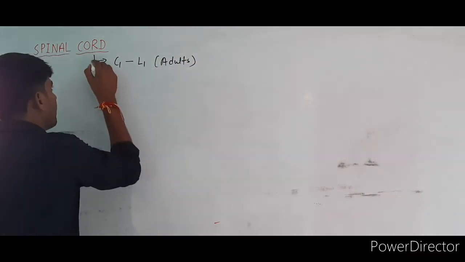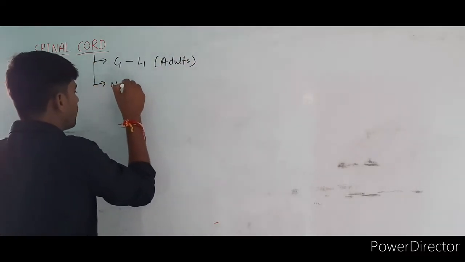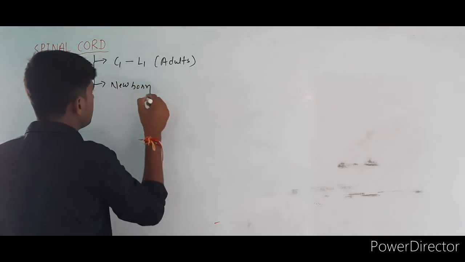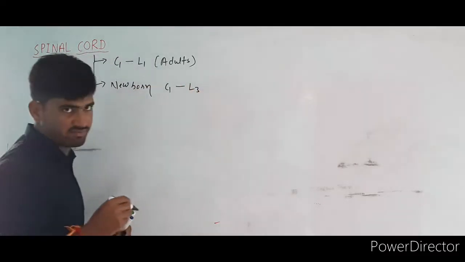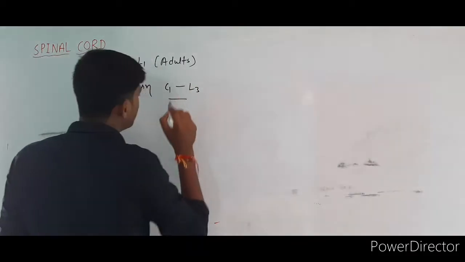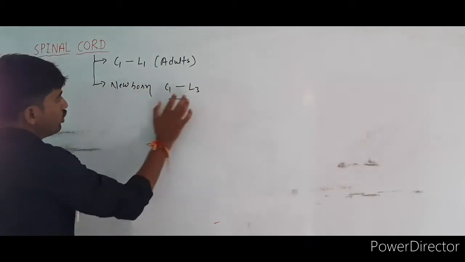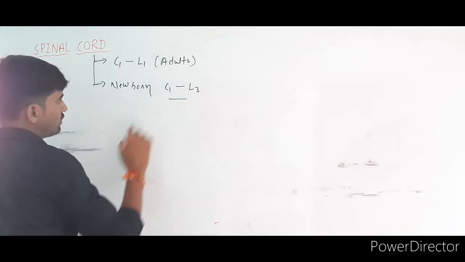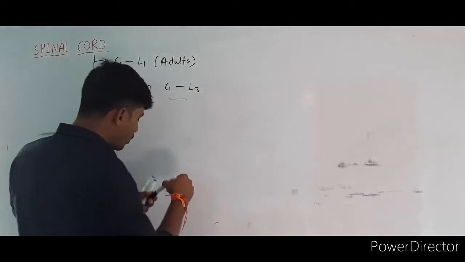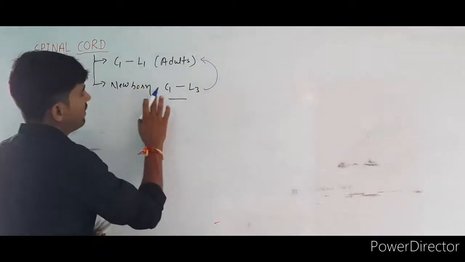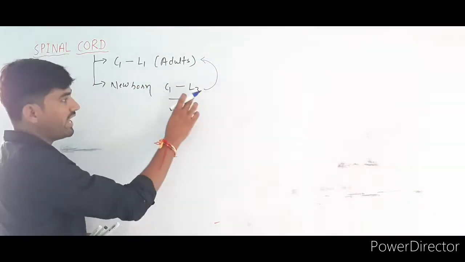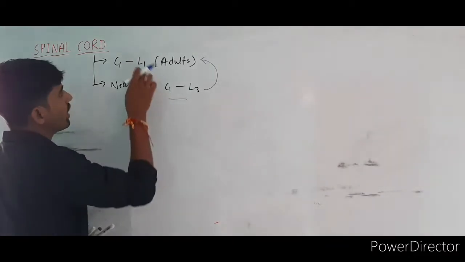Whereas in the newborn, it is from C1 to L3, so in the newborn up to the L3 level, and it will take 2 years to convert into the adult pattern.